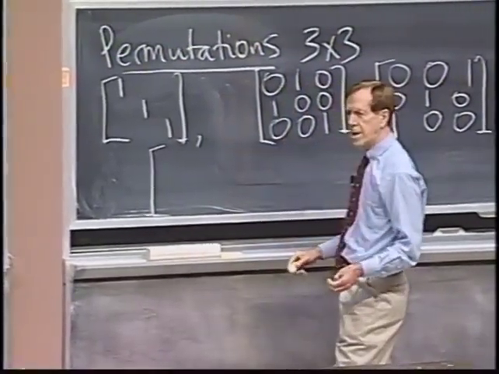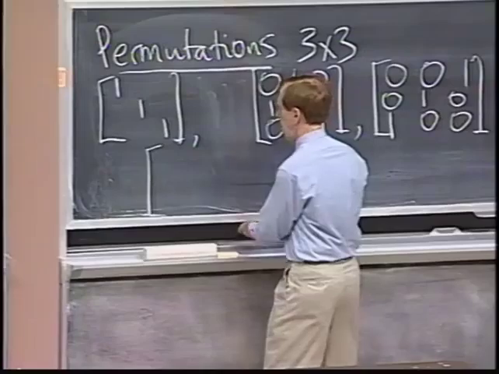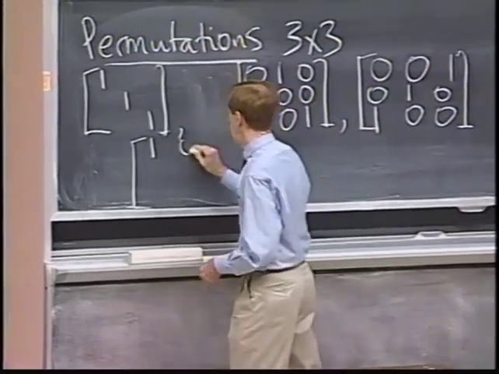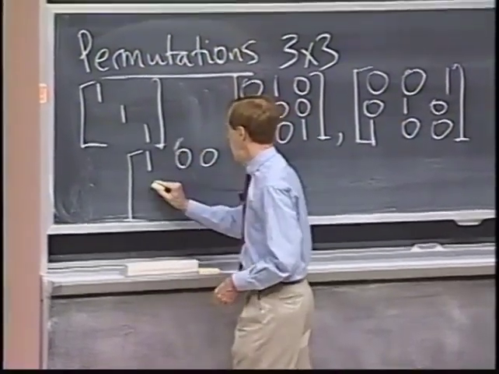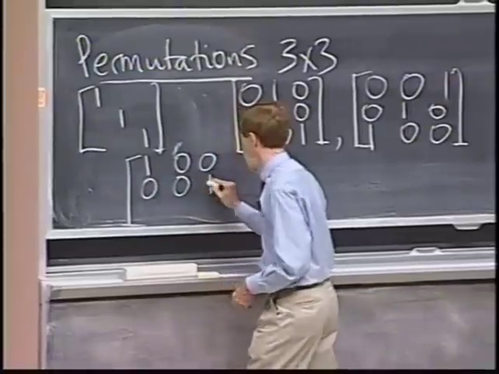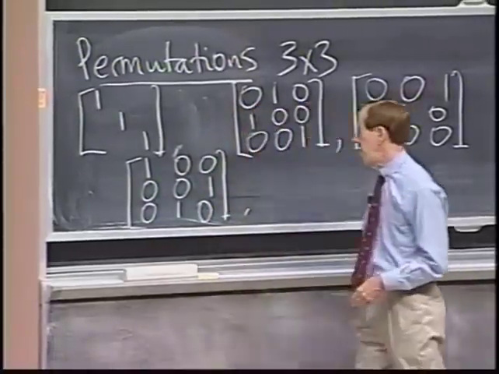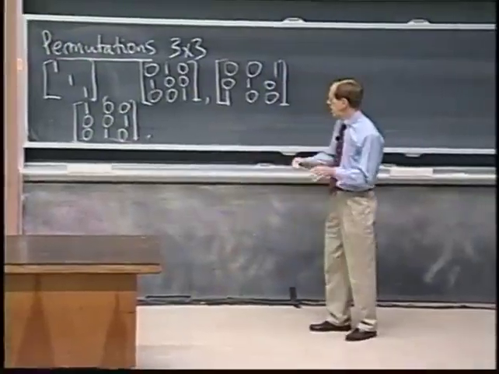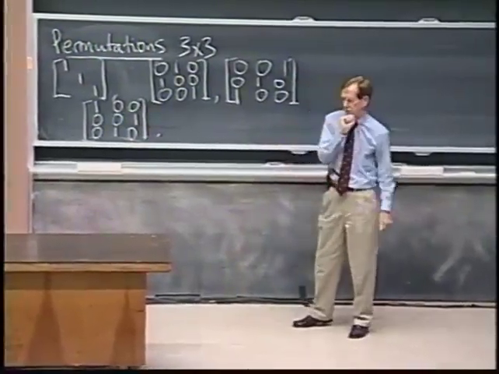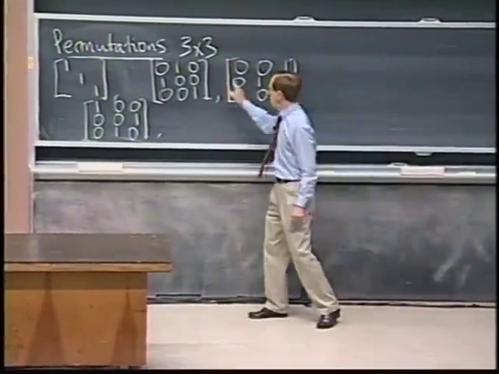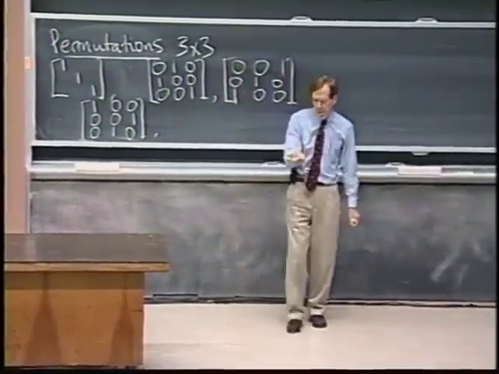The next easy one is switch 2 and 3. Good. So I'll leave 1, 0, 0 alone, and I'll move number 3 up and number 2 down. Okay. Those are the ones that just exchange a pair of rows.